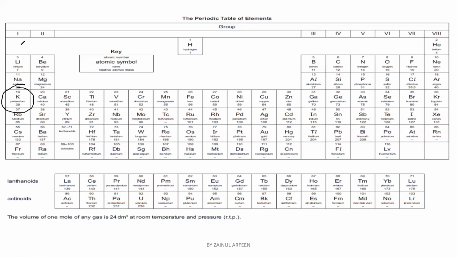Potassium is group 1 and oxygen is group 6, sorry, by mistake I said 7, so it is minus 2. Potassium is plus 1, whereas oxygen is minus 2. So the formula of potassium oxide is K2O.